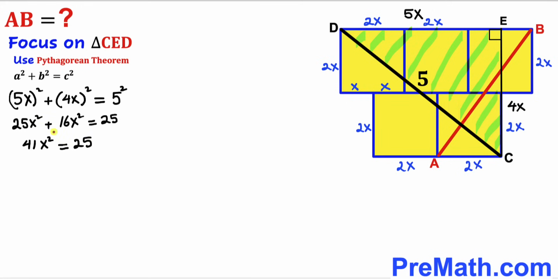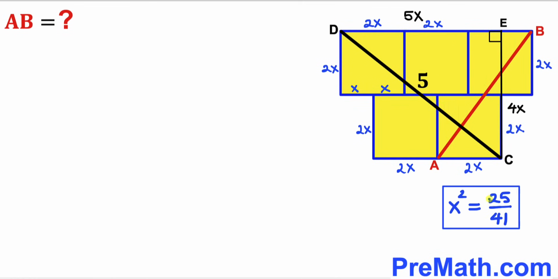And now I am going to divide both sides by 41 to isolate x square. And here we can see 41 is gone. So therefore our x square value turns out to be 25 divided by 41.